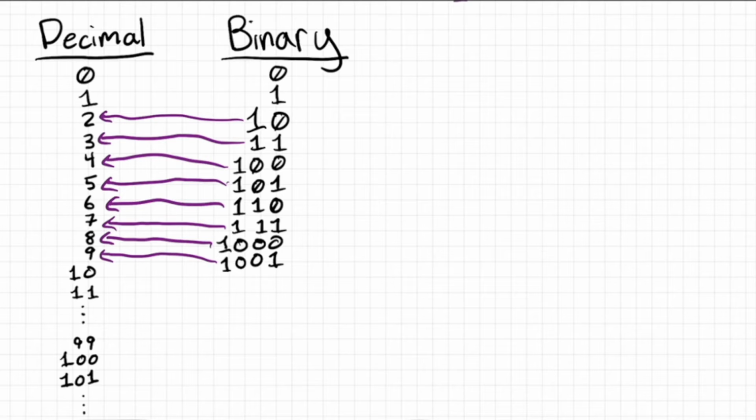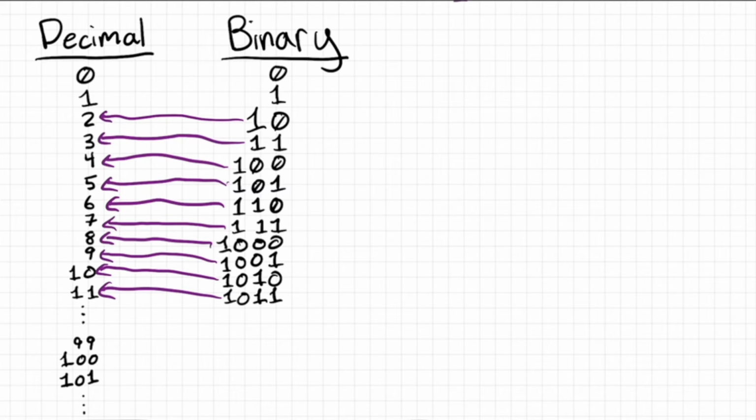So let's do that. 1, 0, 1, 0 will give me 10, and then 1, 0, 1, 1, since that first place is now back to 0, I can increment it again. So I get 11.